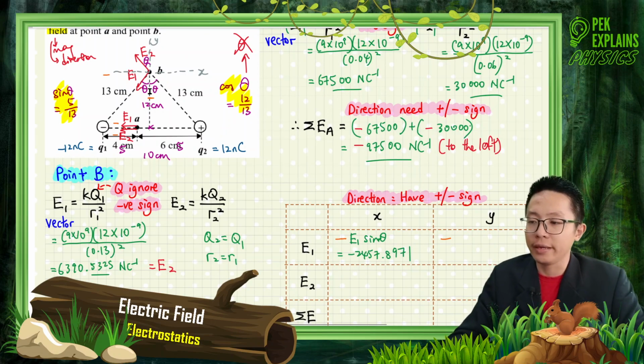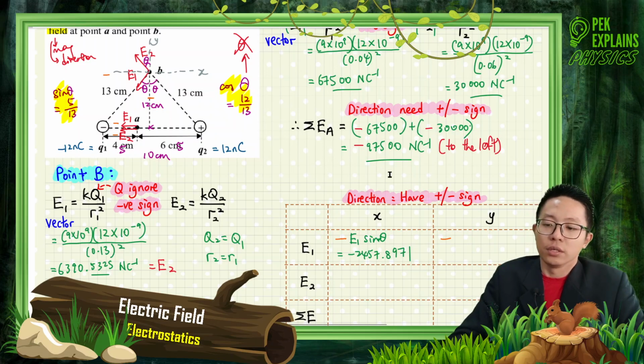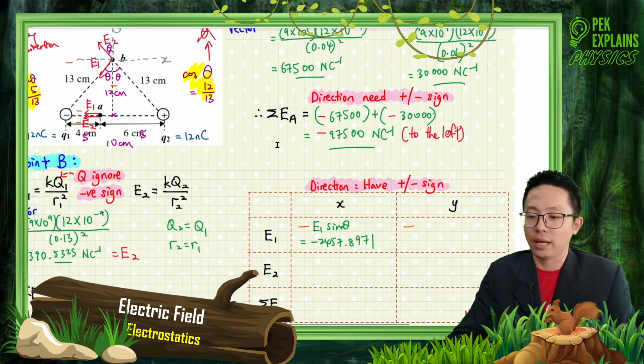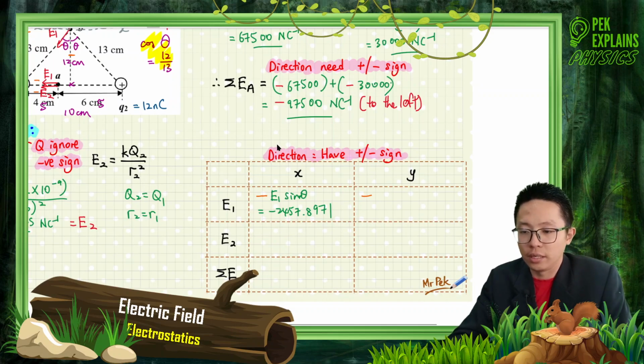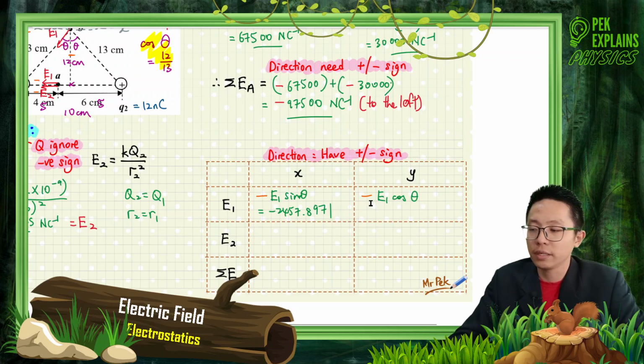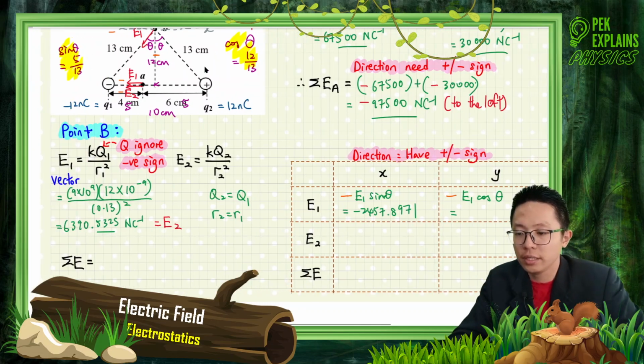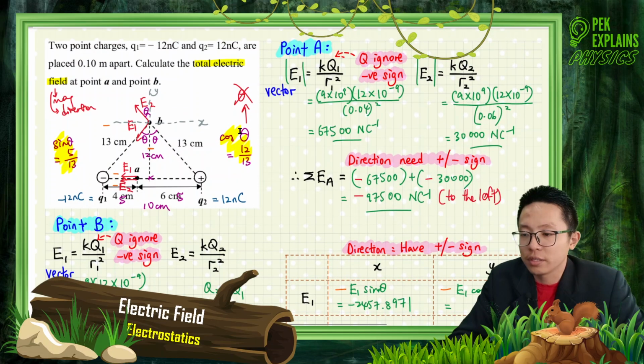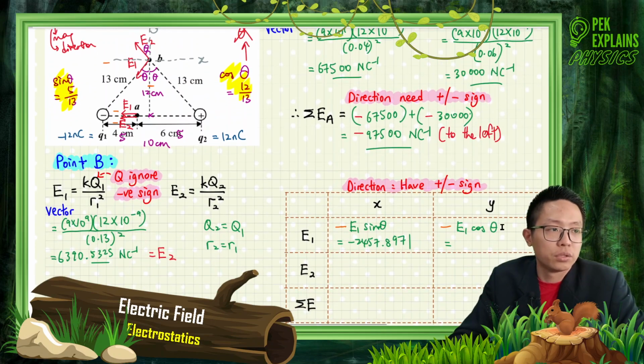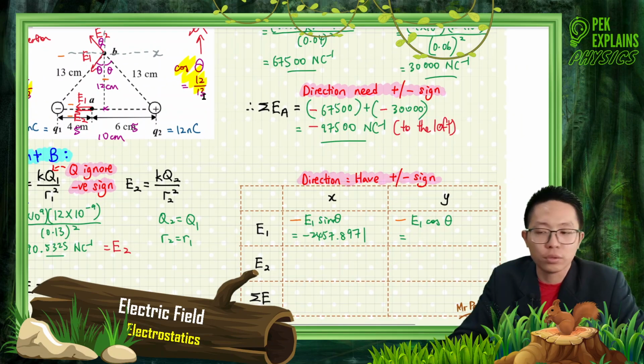Now for the y component, you have angle theta here, so it's the adjacent. So use cos theta. It is E1 cos theta going downward because negative. Just use all the available information. We already have cos theta, 12/13.